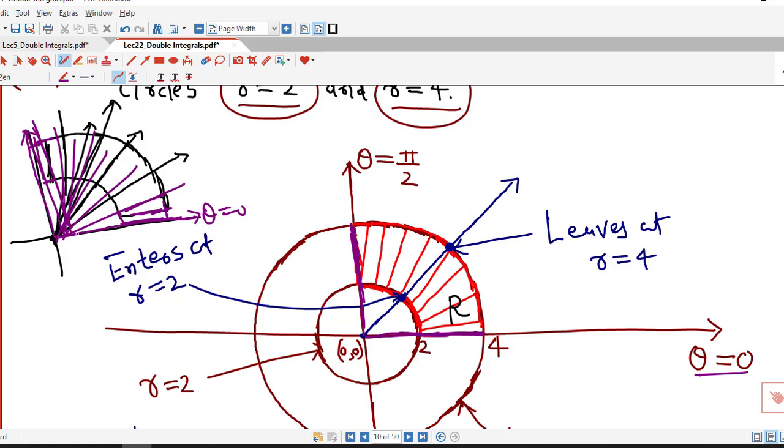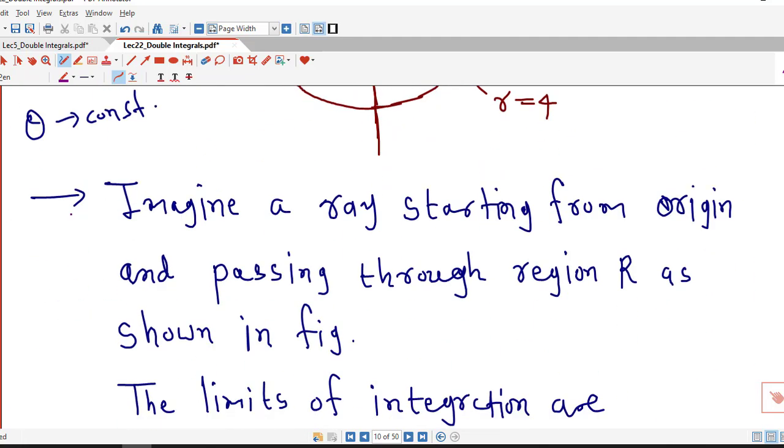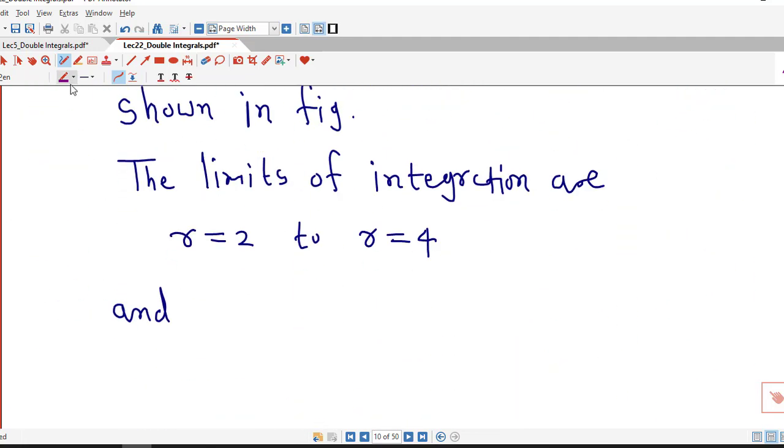We are starting from this point, that is theta equal to 0, and to cover the region we have to consider this type of rays, and the last point is this one, which is on the y-axis. At that point the value of theta is pi by 2. So the limits of theta are from theta equal to 0 to theta equal to pi by 2.